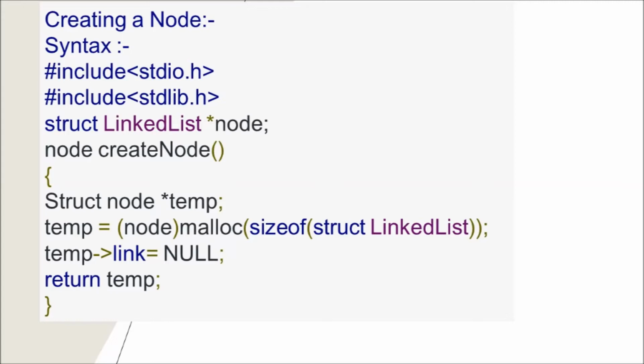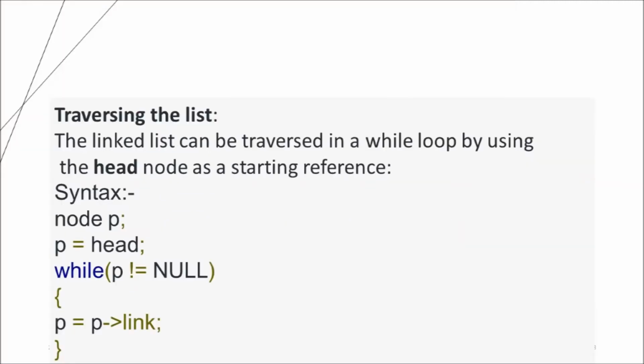So let's see how to traverse a linked list. This is important when inserting or deleting a node from the end. A linked list can be traversed using a while loop.